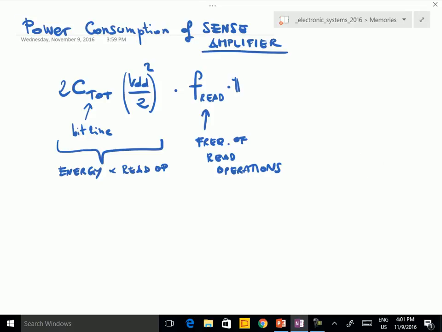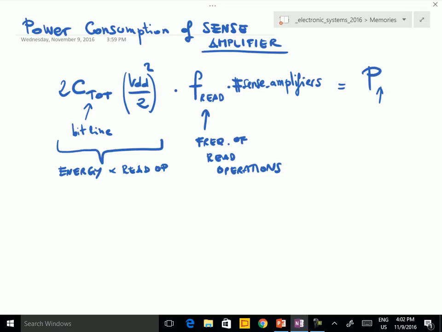If I then multiply times the number of sense amplifiers, I can obtain the total power consumption of the memory bank. It is not actually the absolute total, it is only the total of the components due to the sense amplifiers, but it is the most important one.